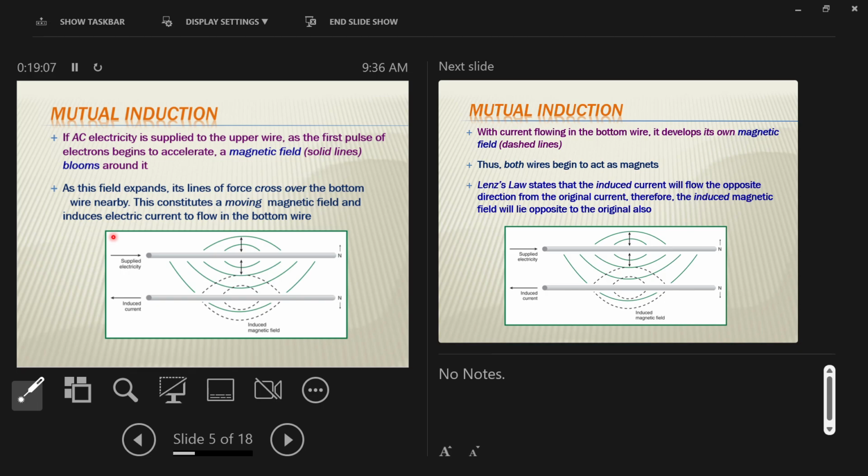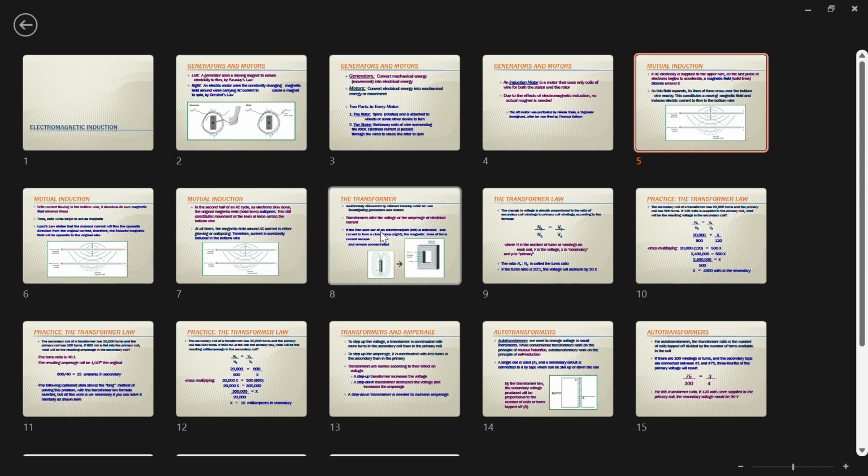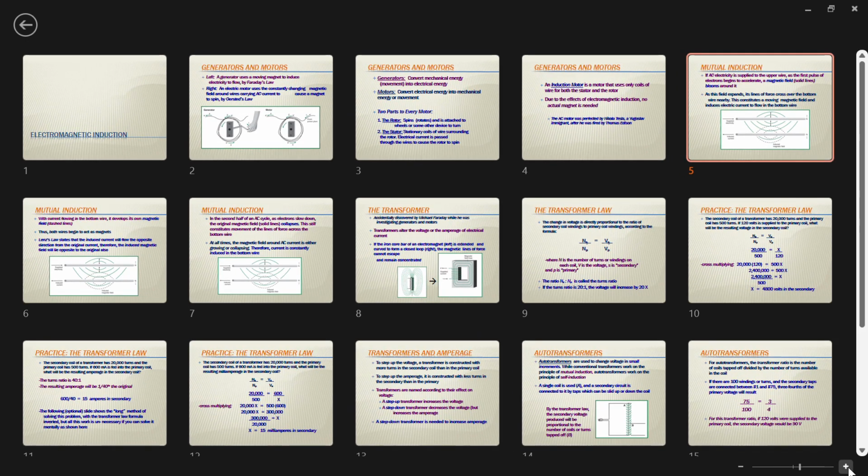So electricity goes through this wire, causes electricity to move through this wire. The only thing they're not showing you here is that these are coils of wire, not straight lines. We're about to make them circles in a second. Good.